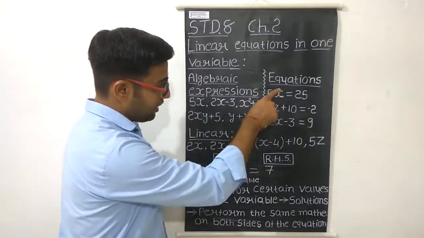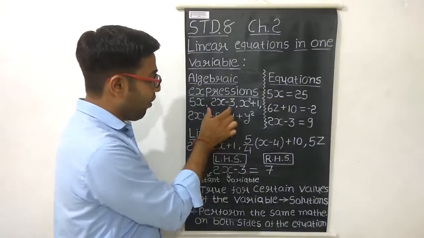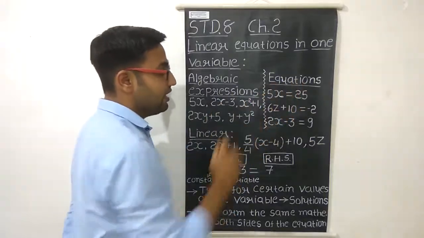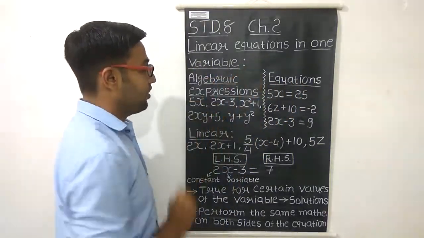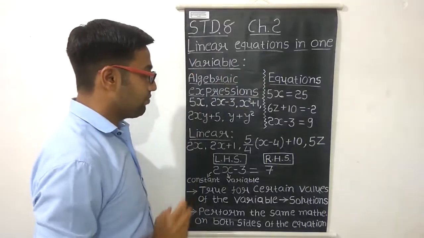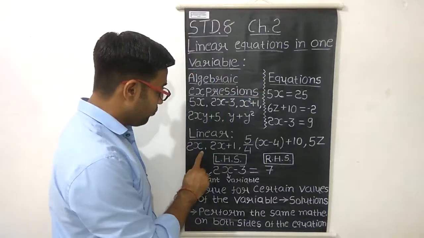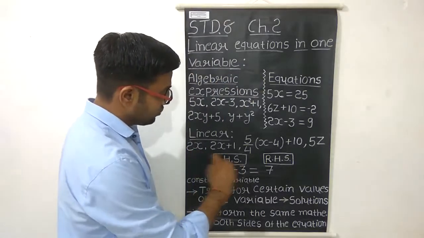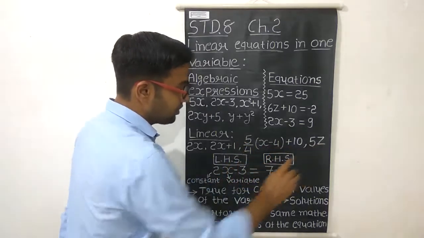So now we will note what an equation is. If we compare the value of an expression with some value, then it becomes an equation. And we have to study linear equations in one variable. Some examples of linear expressions in one variable are 2x, 2x plus 1, 5 upon 4, x minus 4 plus 10 and 5z.